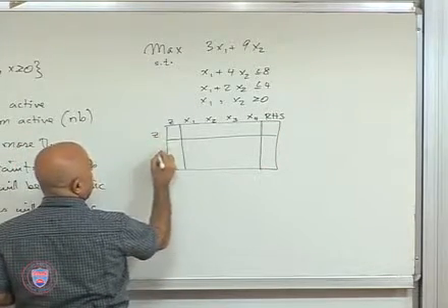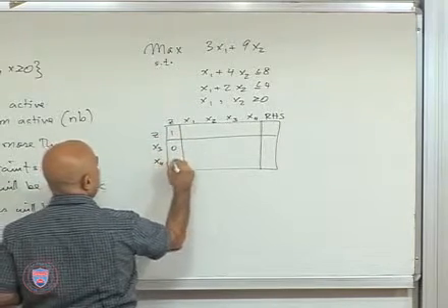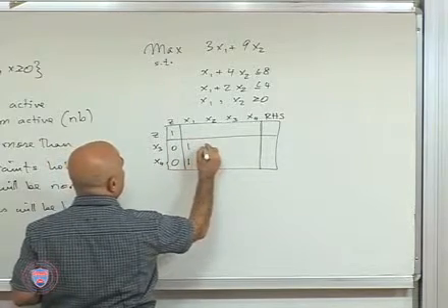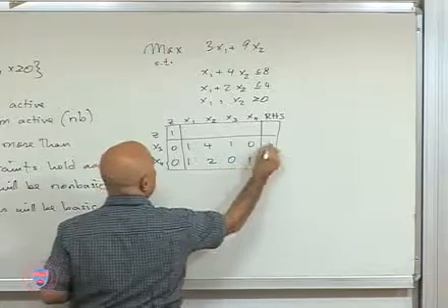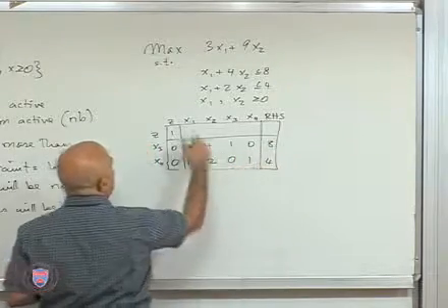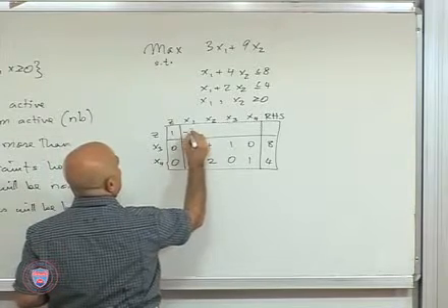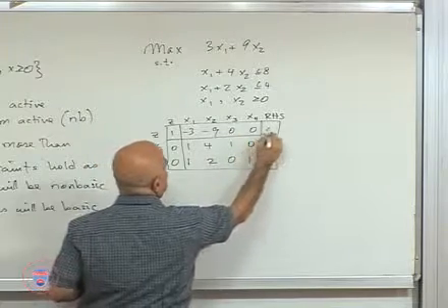We begin with basic variables X3 and X4. The top row 0 equation has -3, -9, 0, 0, and 0.